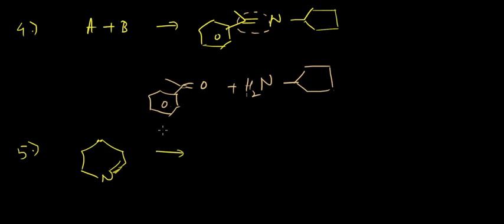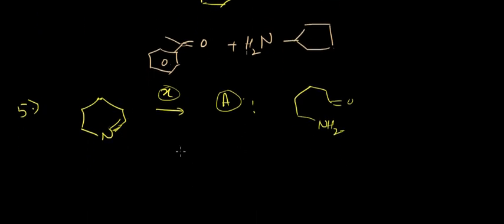So let's say you have to identify the reagent X and the product Y here. Product A is something like this, and NH2 here. So what is X? Let's try H plus in water.